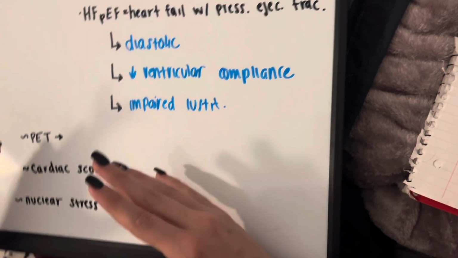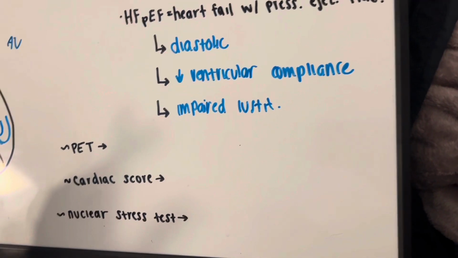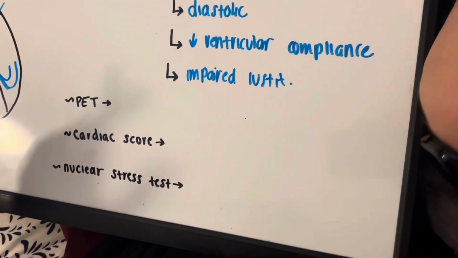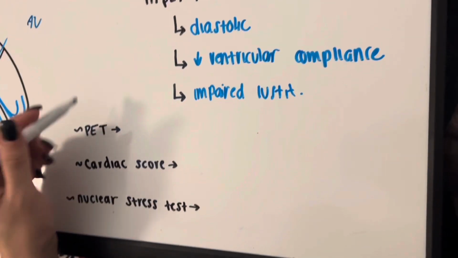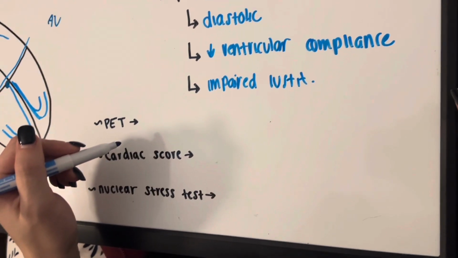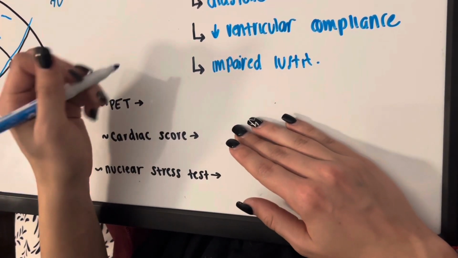So how can we use imaging to help us find where the issue is in the heart? A PET scan uses radiation to unmask potential cardiac ischemias.